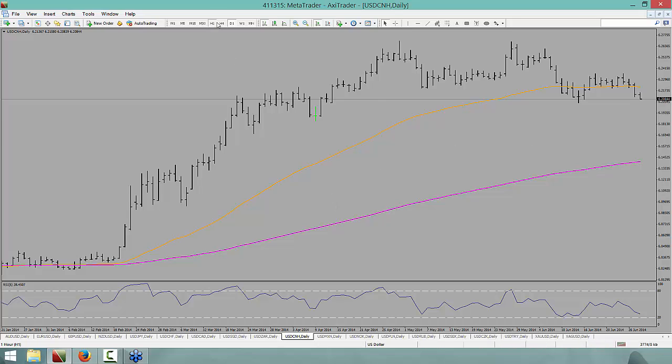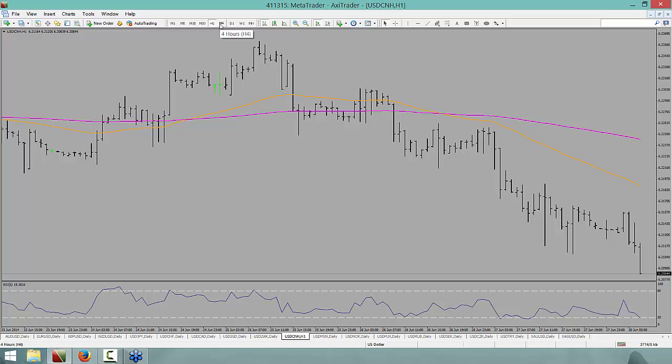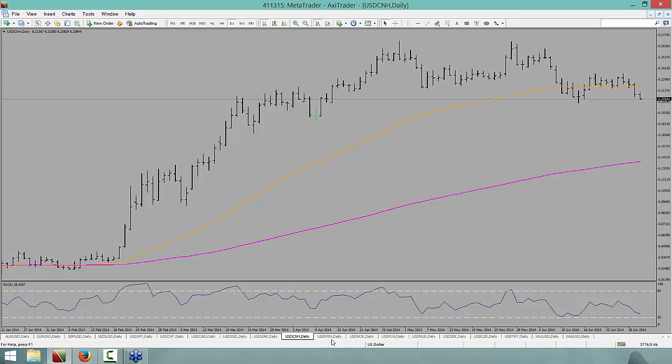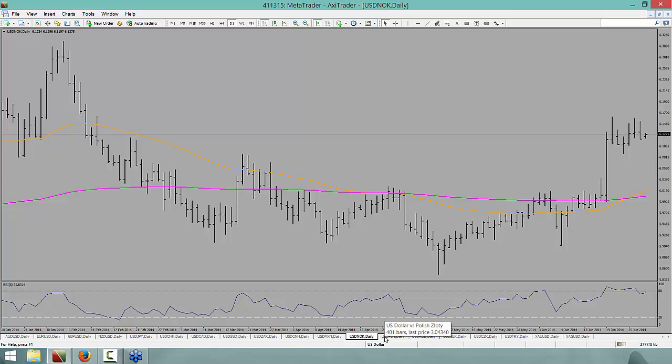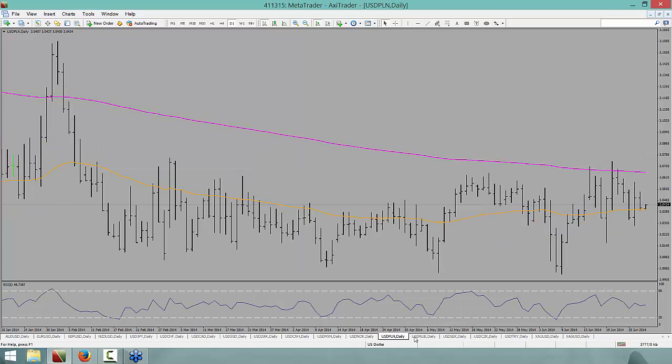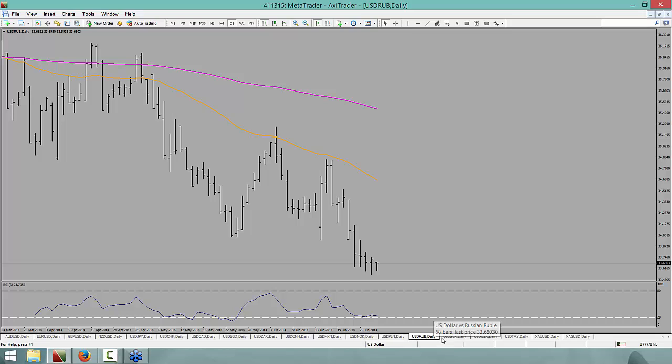Might be worth trading it on the shorter, but it's obviously well into phase 1. Nothing there. Not much there. Bugger all there.